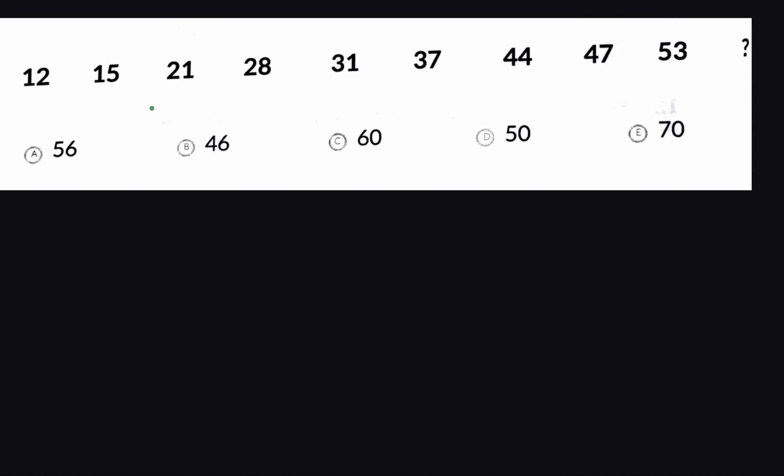In this pattern, what I see again is going down, going up, going up, going up, and going up. But what kind of pattern can I think of?